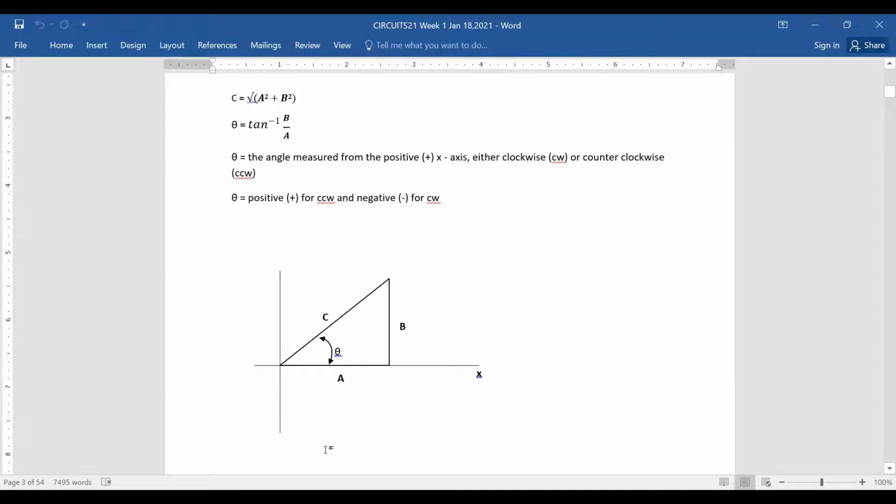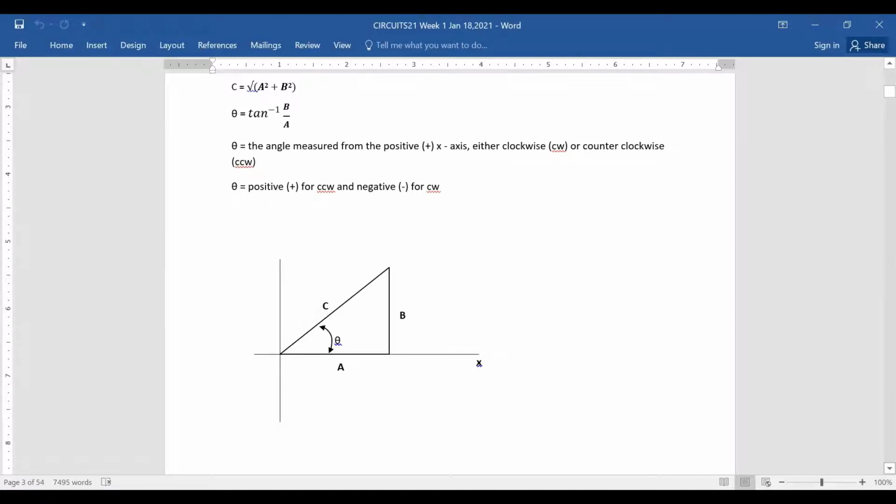To determine the correct location of our sinusoids, we have to consider the sign of the coefficient of our sinusoid, let's say the sign for our cosine and the sign for our sine function.